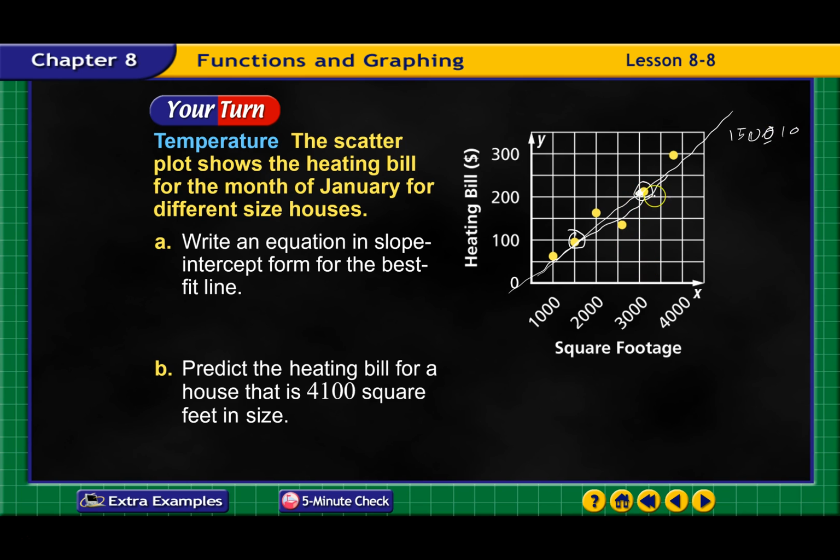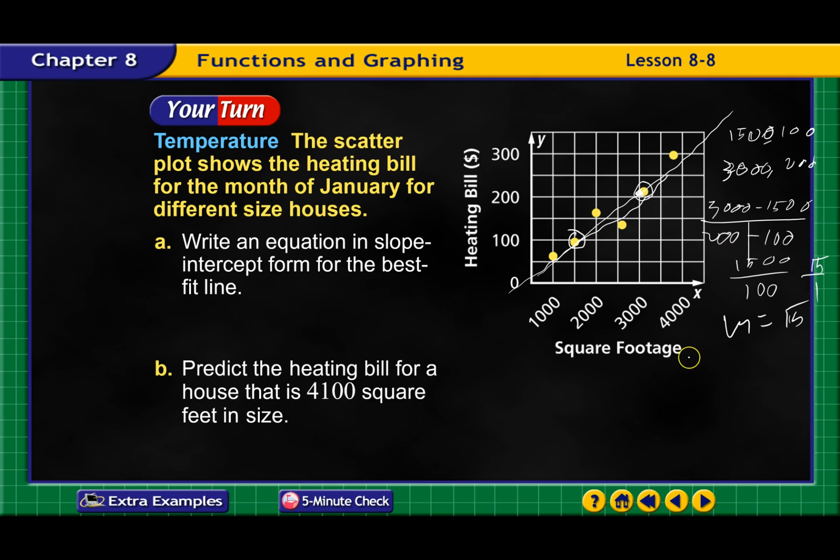Let's just call that 200, 1300. Or 3000 and 200. So we'll put those in. So we're going to call this my Y2s. So 3000 minus 1500 over 200 minus 100 gives me 1500 over 100, which would give me 15 over 1. So that gives me a slope of 15.